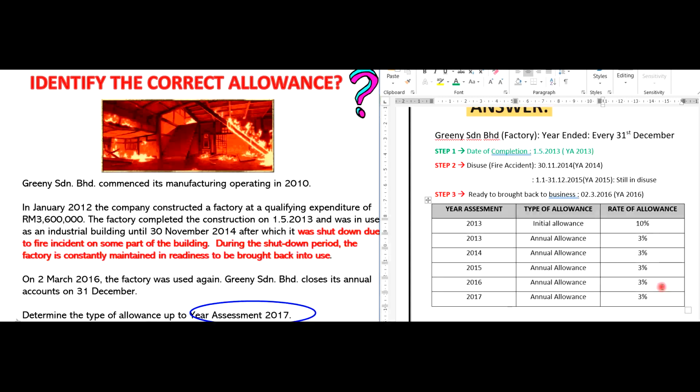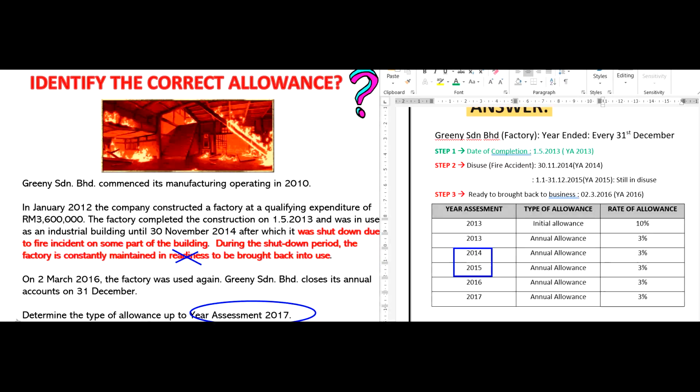Remember, if the company did not maintain in readiness, then for 2014 and 2015 the company would put in their tax computation notional allowance.